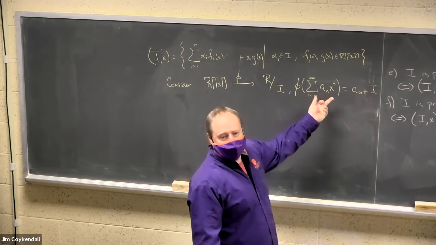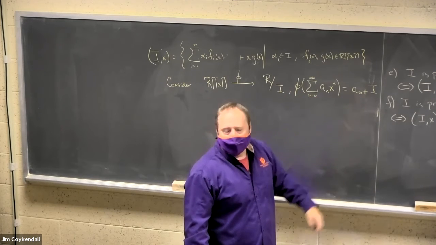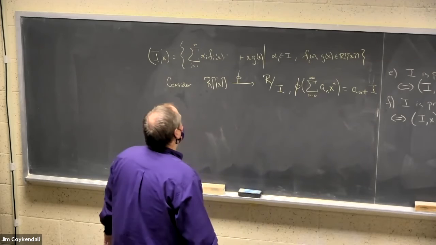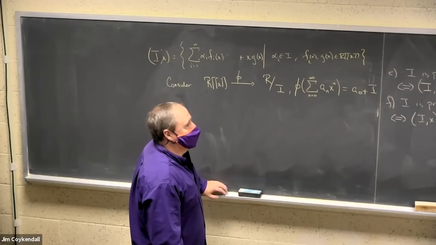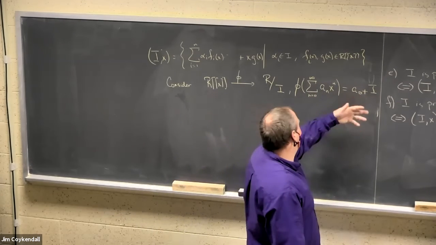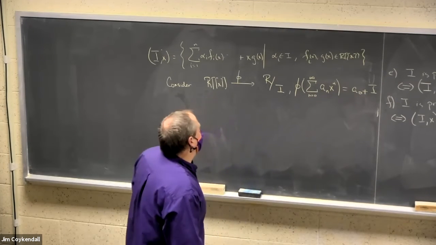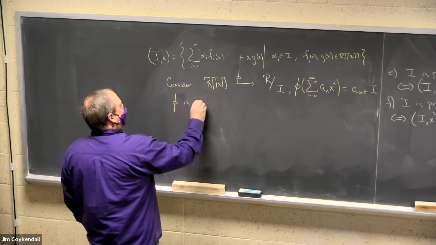So it ignores most of this power series. It just says whatever A0 is, I'm going to reduce you mod I. It is easy to see that this is a homomorphism, because basically when you add two of the constant terms up, you break it up, it's easy to see it's a homomorphism. And it's onto.